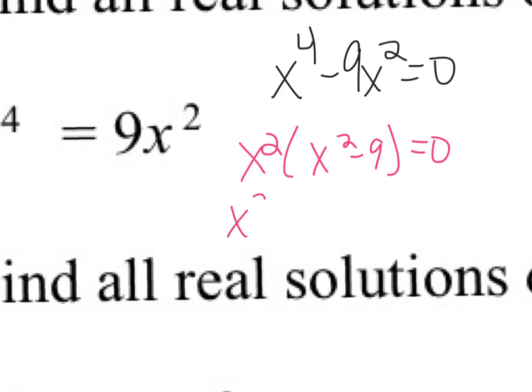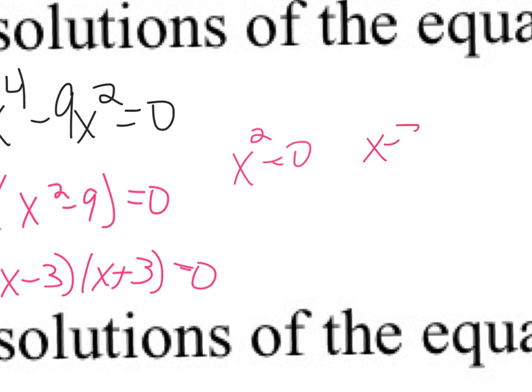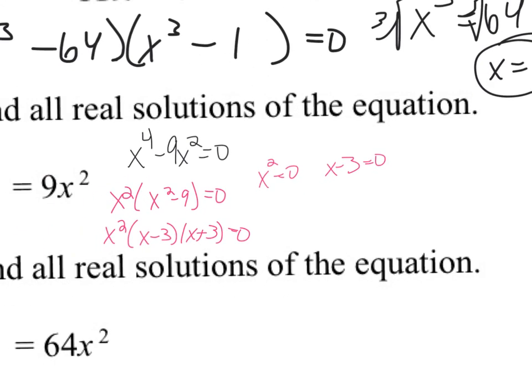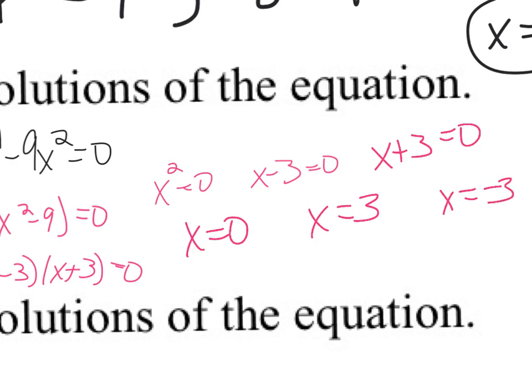Yes. So I have x squared, and then x minus 3, x plus 3. I set each piece equal to 0: x squared equals 0, x minus 3 equals 0, x plus 3 equals 0. So here x equals 0, here x equals 3, here x equals negative 3.